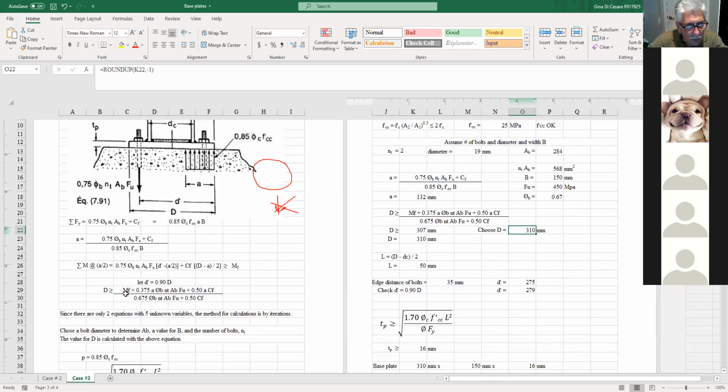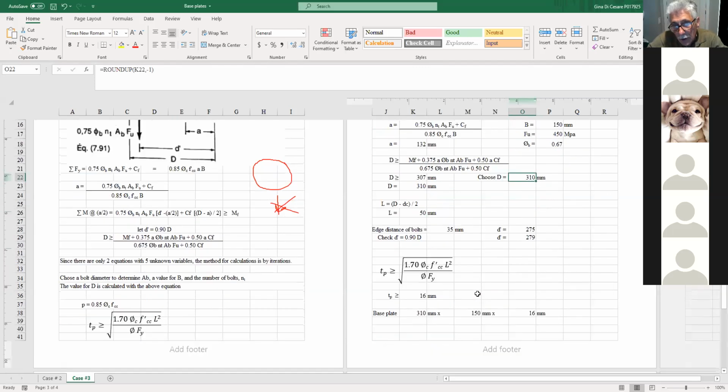Oh yeah, here, that's a good one. 1, 2, that becomes a variable. So you can appreciate, to calculate your D there are 5 variables in here, and once you start fixing a few of them by iteration, you can start solving this equation.